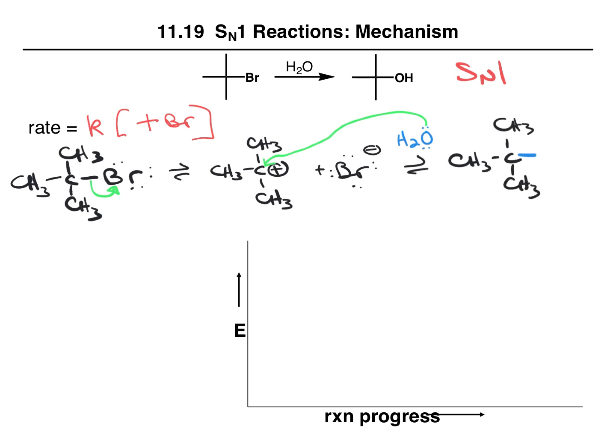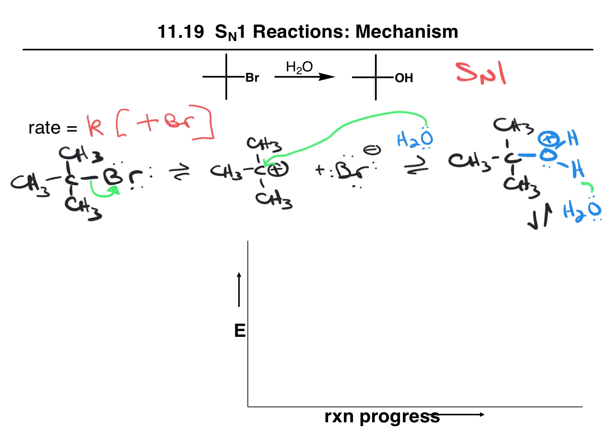This pair of electrons of the new bond came from the oxygen. It still has one lone pair, and now oxygen has a positive formal charge. But we still have more water around. Water's our solvent, so we've got lots of water molecules.